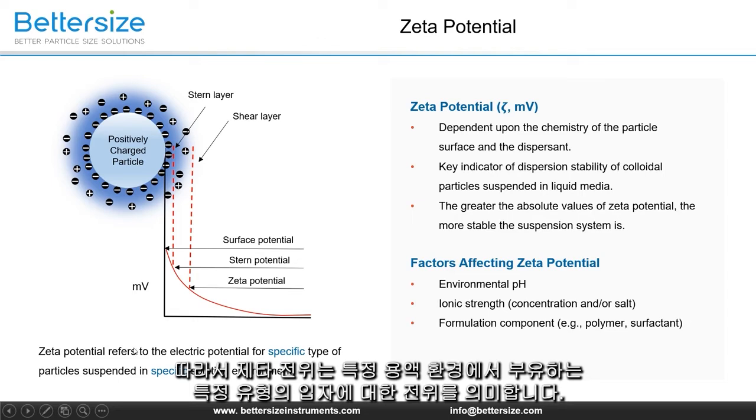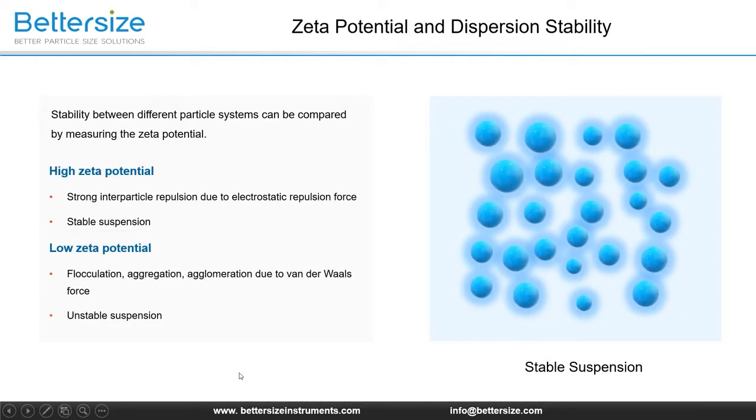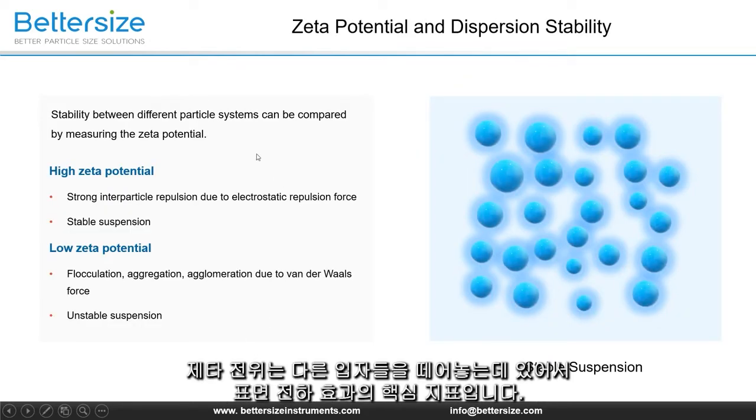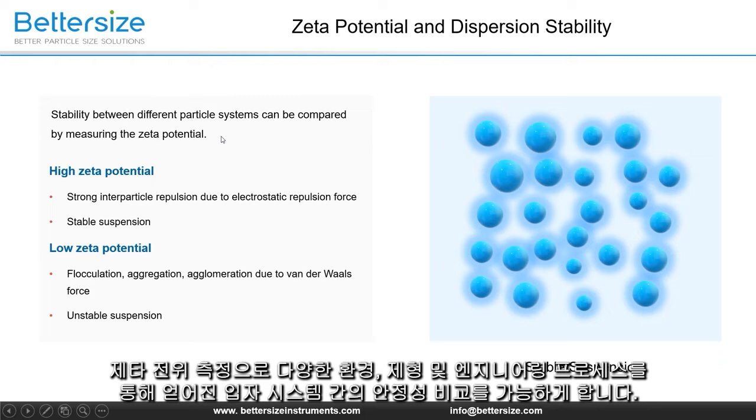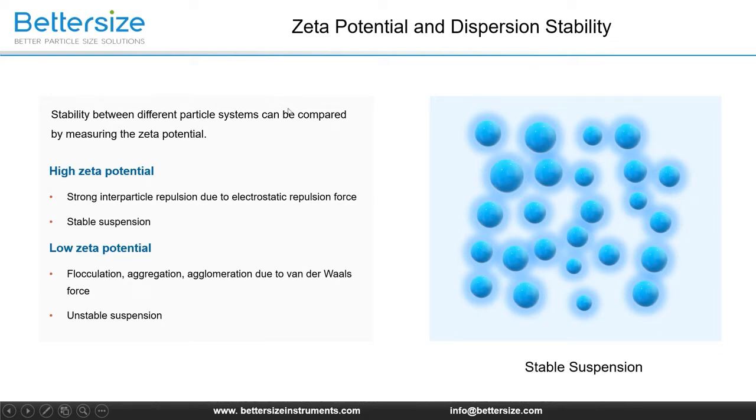Therefore, zeta potential refers to electric potential for a specific type of particles suspended in specific solution environment. Zeta potential is a key indicator of the effectiveness of surface charges at keeping other particles apart. Measuring zeta potential enables stability comparisons between particle systems that are obtained through different environments, formulations, and engineering processes.